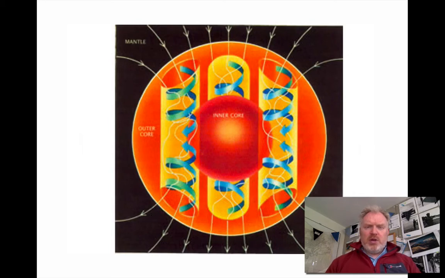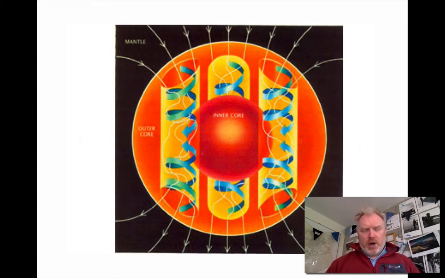We know that there must be convection currents happening within the outer core. So these convection currents are going to line up the iron particles within the outer core to create, I suppose, like coils of wire.